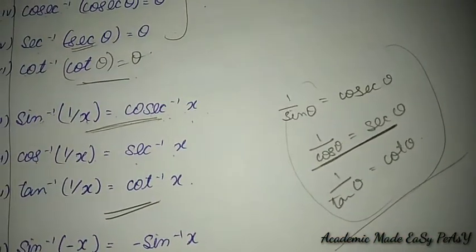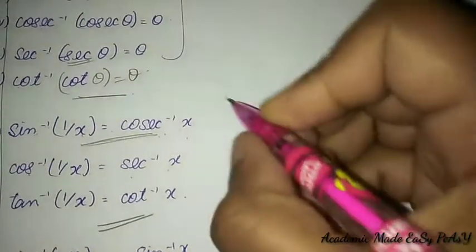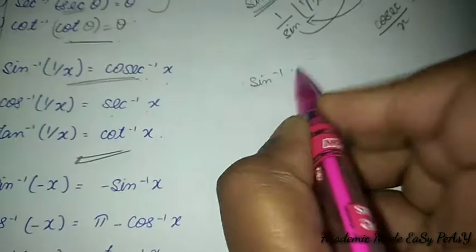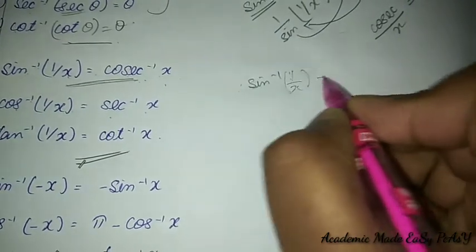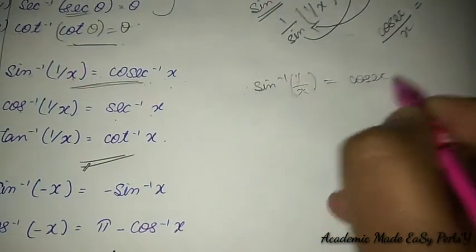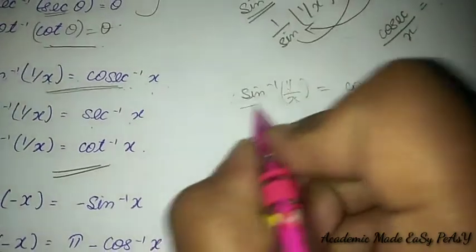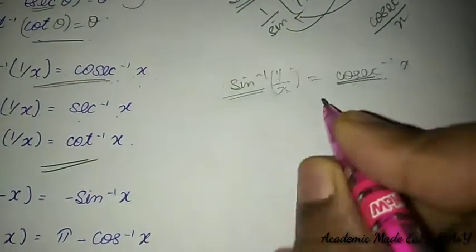I have one more method, just see here. For example, let us take sine inverse 1 by x is equal to cosecant inverse x. Leave out this sine inverse and cosecant inverse.